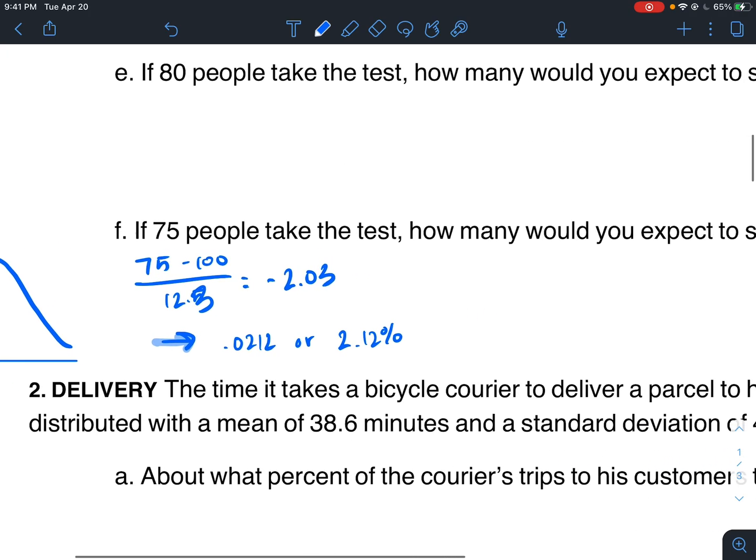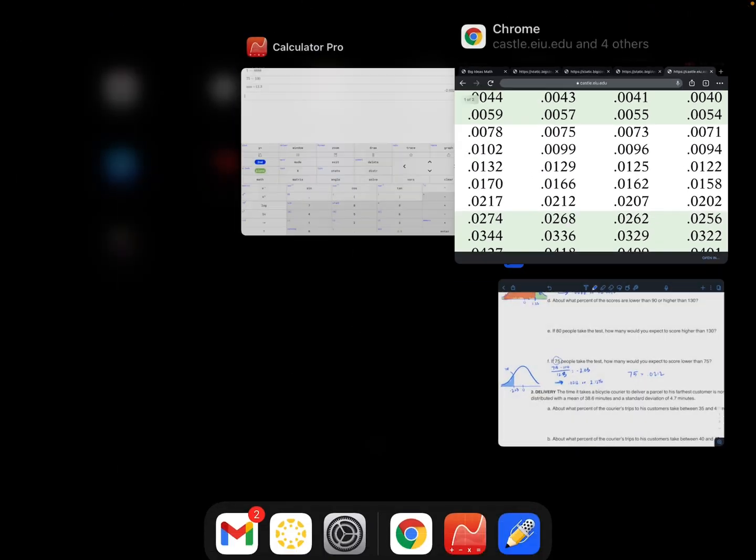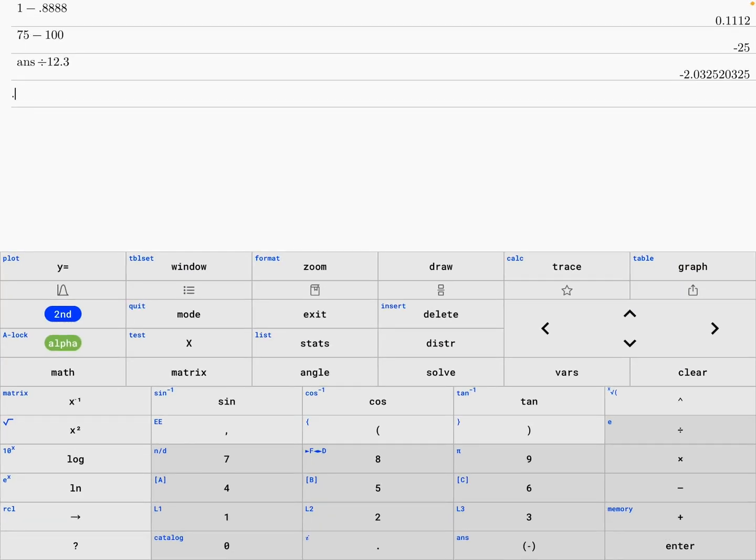That is the percentage of people expected to score lower than 75 on the test. But if 75 people take it, what I want to do is take 0.0212 and multiply that by 75 people.